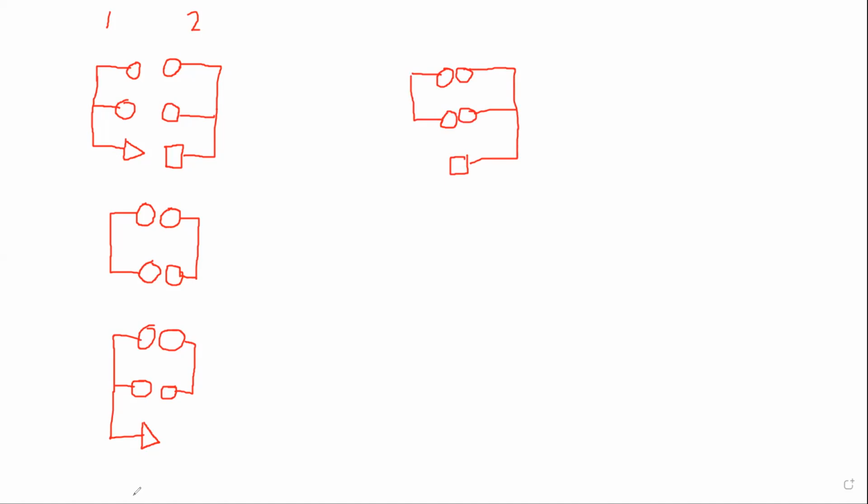Then again, we can have another scenario that says, let's bring in everything. In this third case, we are prioritizing table 2. We are bringing everything from table 2 and only bringing the matching features from table 1.